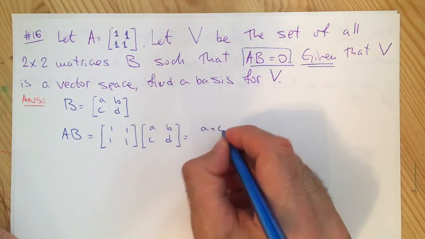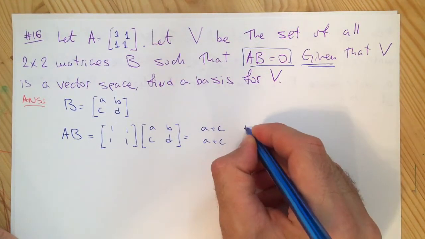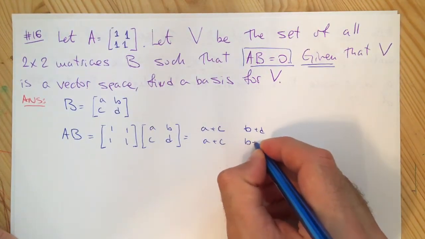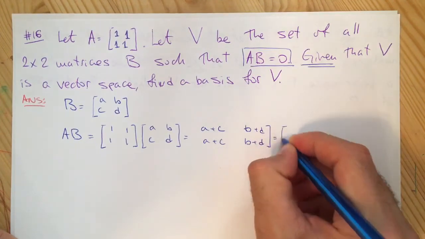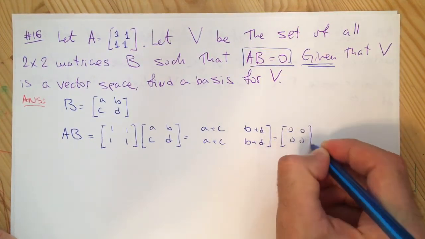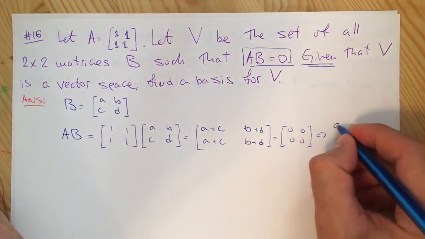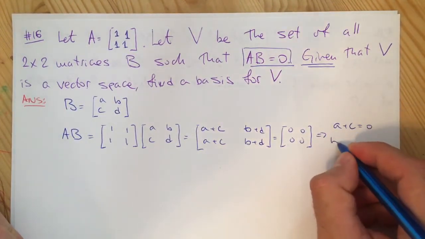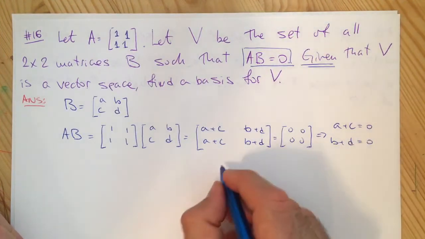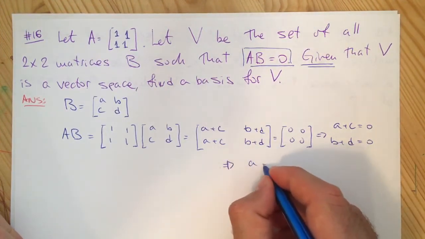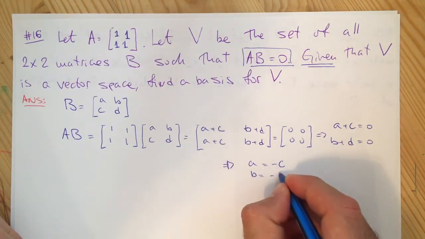This is a plus c, b plus d, a plus c, b plus d. This has to be 0. Right? This implies that a plus c has to be 0 and b plus d has to be 0, or simply that a is equal to negative c and b is equal to negative d.